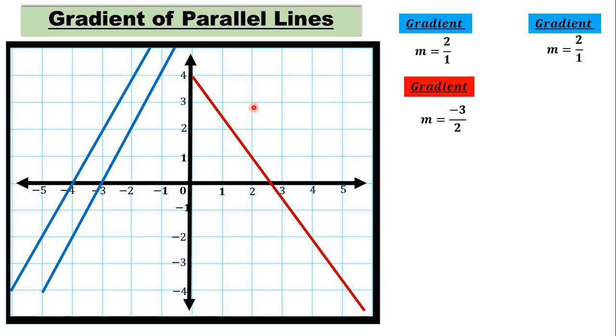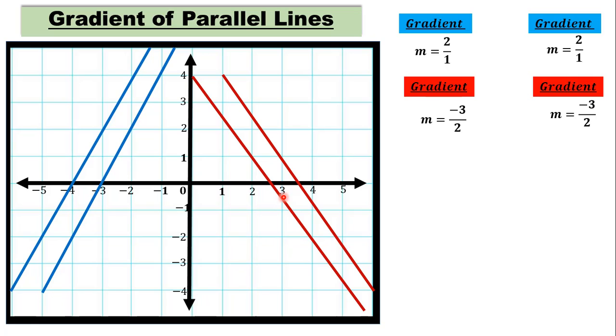Now let us draw another line which is parallel to this line and moving in the downwards direction. If we consider the gradient of this line, it is 2 units in the x direction for every 3 units in the vertical direction. So the gradient of this line is again going to be -3 over 2.